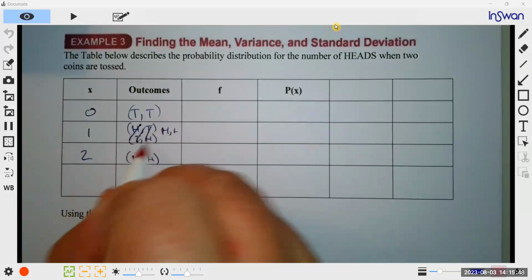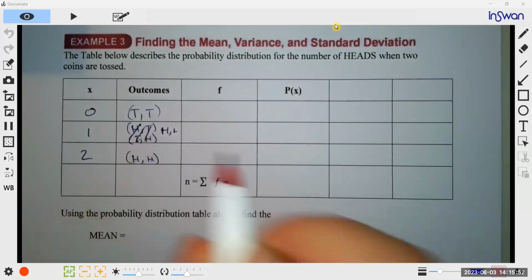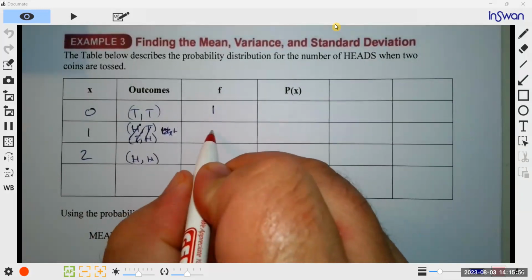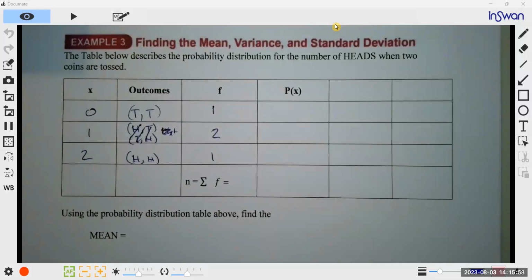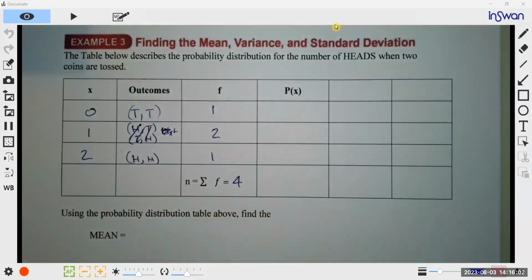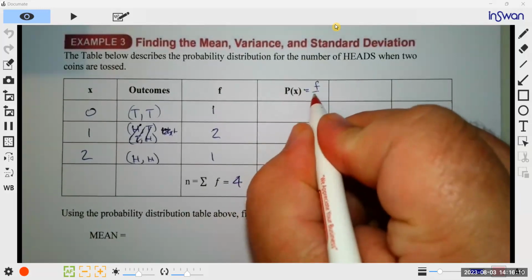There are 2 heads in one outcome and only 1 head in the others. So this happens once, twice, once. If we add those up, we get 4. So this is your n. Remember, the probability is the frequency over n.